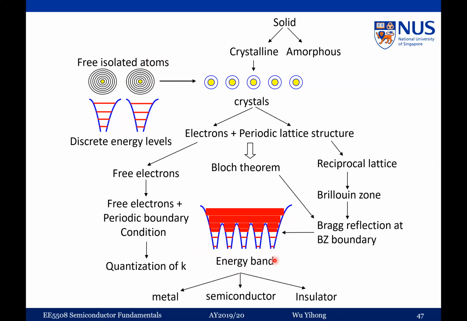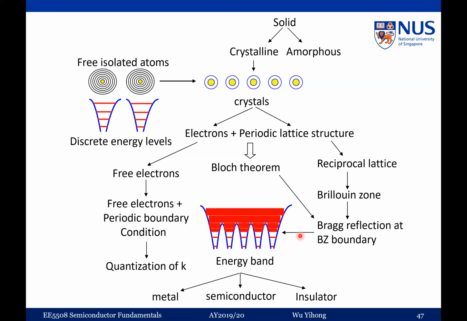So they cannot move. We are only interested in the ones near the Fermi level, which will be somewhere around here, right? You can see that you do have discrete energy levels deep down, far away from the Fermi level, and we call these core electrons, right?